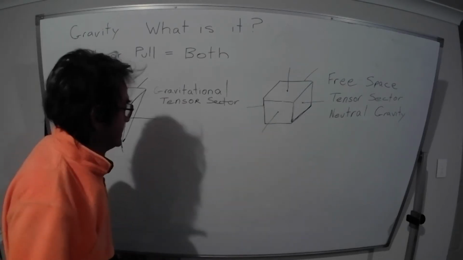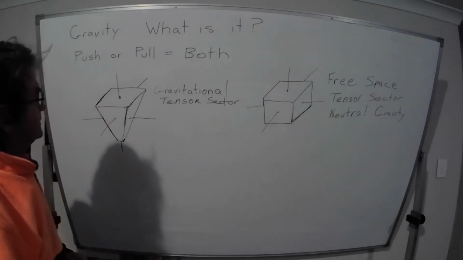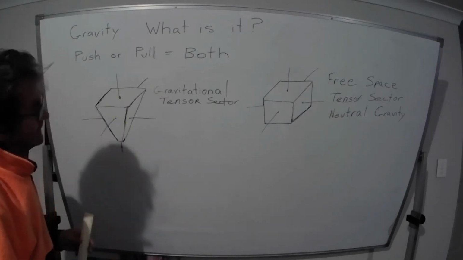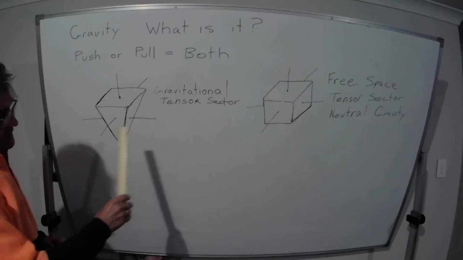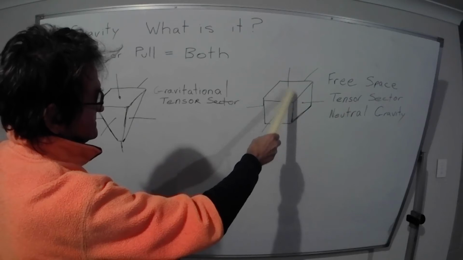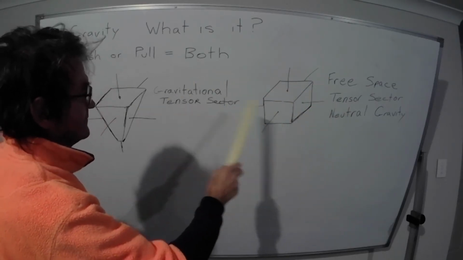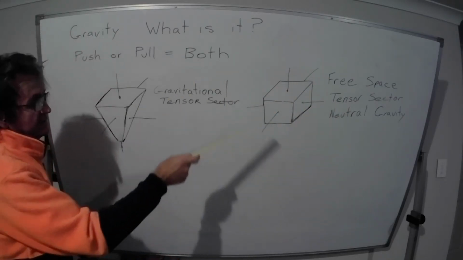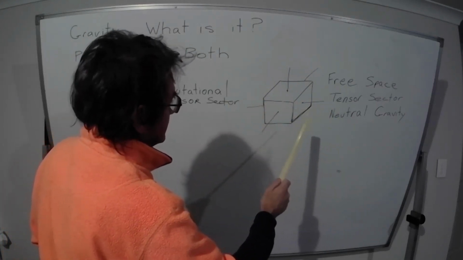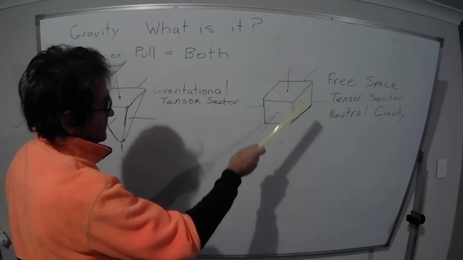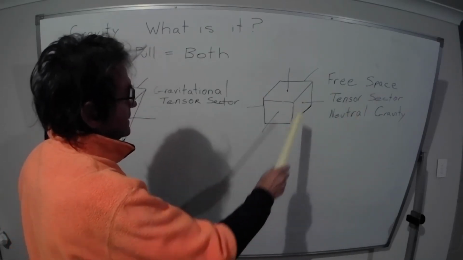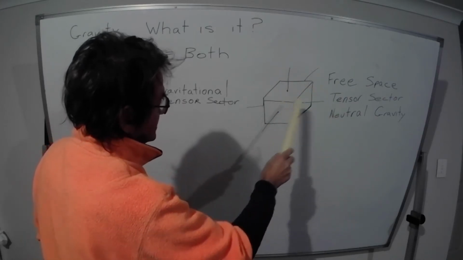This is supposed to be a cube, and this is like an inverted pyramid section, and these are the same two tensor sectors, but in different types of space. This would be in the far field with no near field distortion, out in the middle of space, nowhere near a planet or asteroid or anything, and it has a cubic shape.